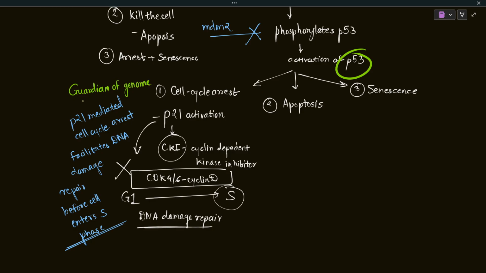Because it is going to arrest the cell cycle in the G1/S phase if there is some DNA damage, and it will facilitate the DNA damage repair. How? By the activation of p21. Okay, I hope this is clear to you all.